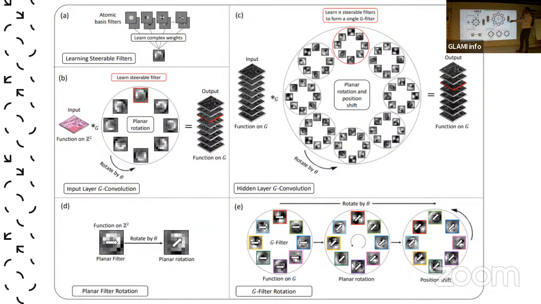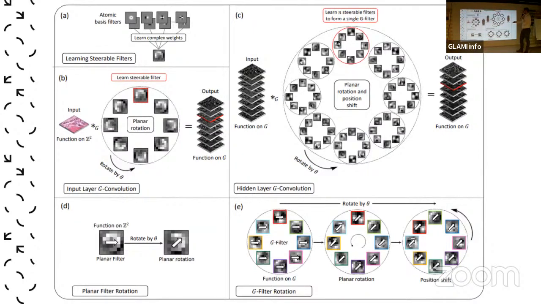So you do the rotation of the steerable filters, and in here is then the G convolution, doing the sampling of each steerable filter 10 times, and you do the permutation. So you can see the colors always correspond to what you do.